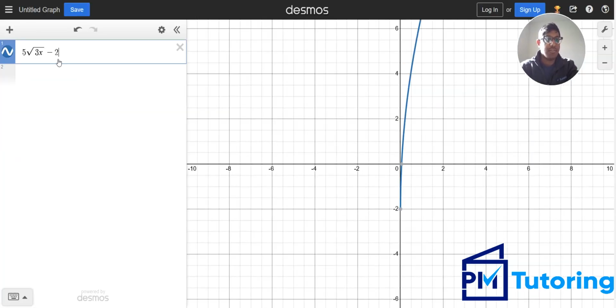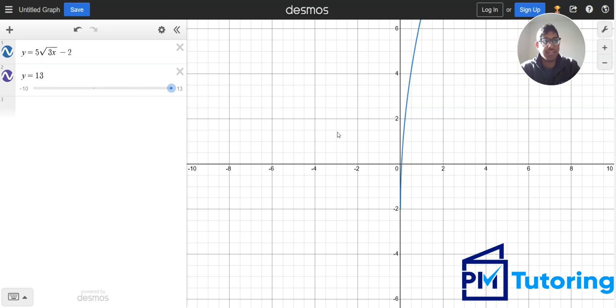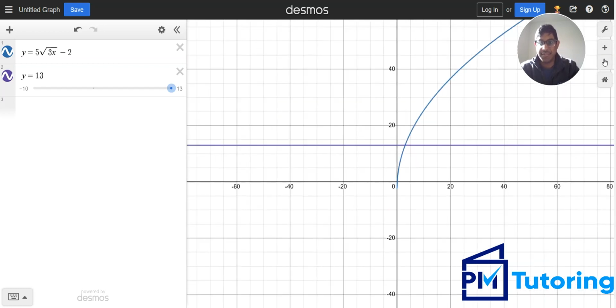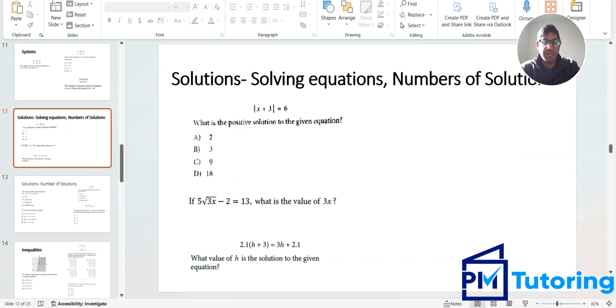And we want it to be equal to 13. So that's y equals 13. And there are our two functions. So now we just need to zoom out until we can see the two graphs intersecting somewhere, and there it is. And that is at the point 3 comma 13. So the value of x is going to be 3. The value of 3x would simply be 9.